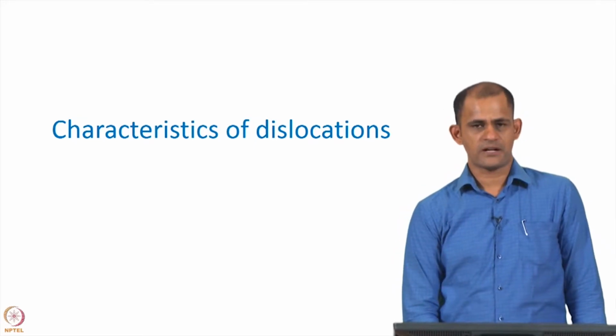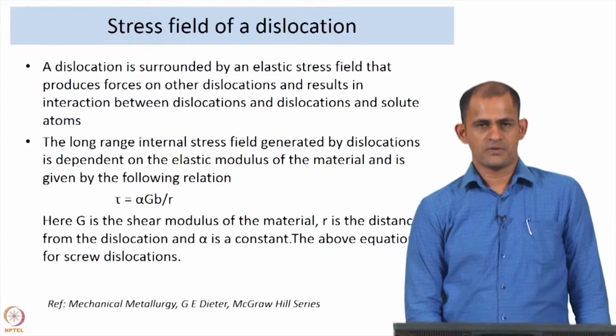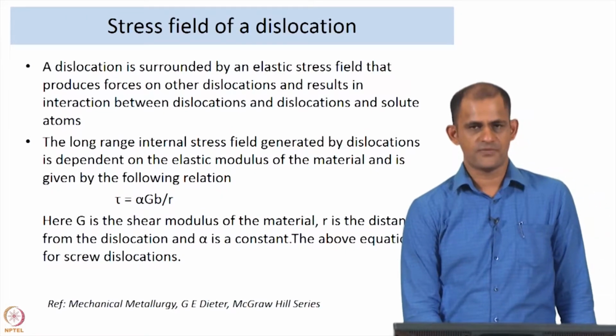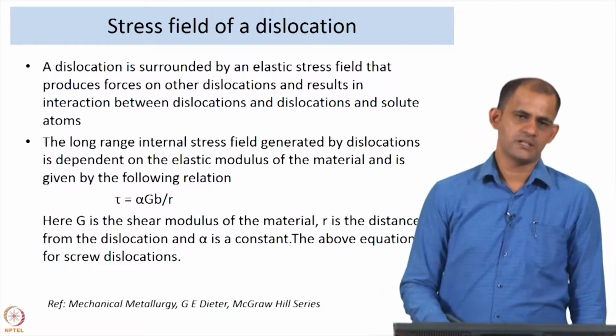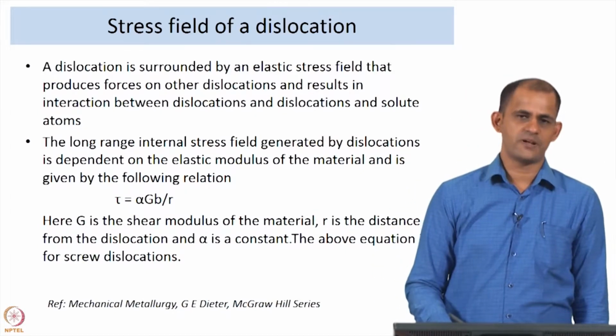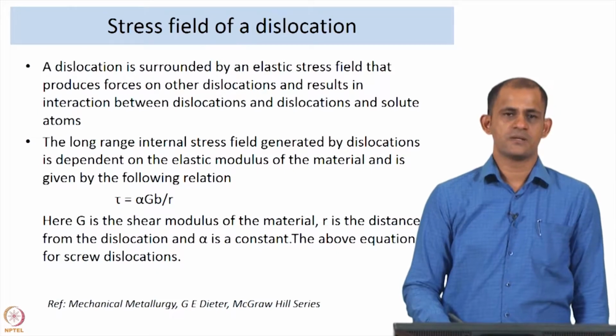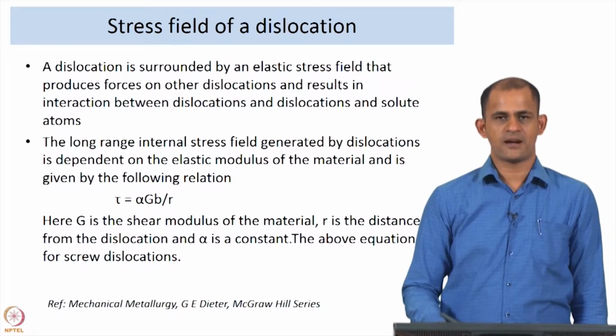Now, talking of characteristics of dislocations, one of the first things is the stress field of a dislocation. So, the edge dislocation is basically an extra half plane of atoms, and because it is disturbing the area around it.